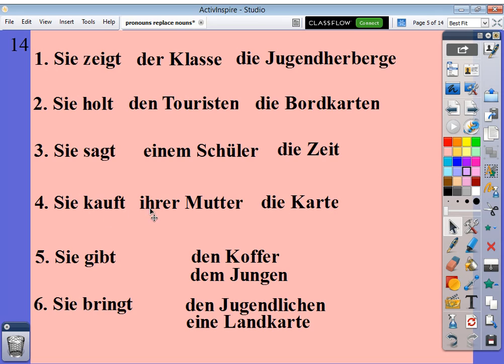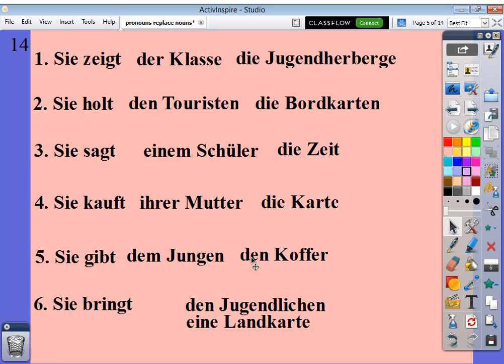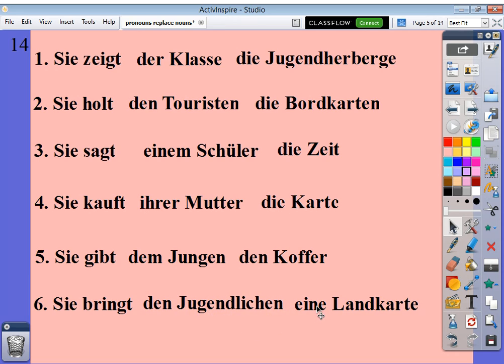She buys her mother the ticket. Sie gibt dem Jungen den Koffer. She is not trying to give the suitcase to the boy, but the boy the suitcase. Und sie bringt den Jugendlichen eine Landkarte.